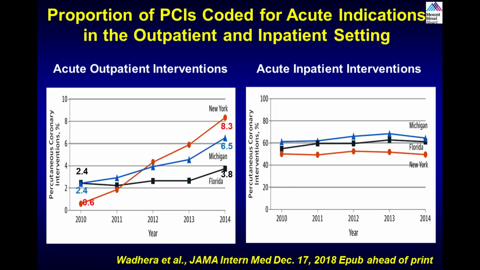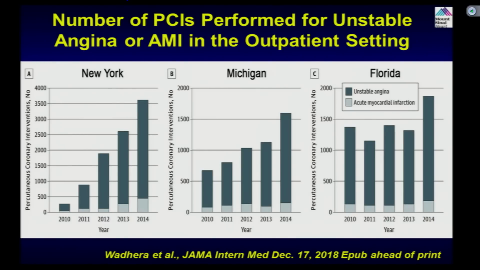Now, if you take acute diagnosis for the inpatient setting, it is kind of flat, particularly in New York. No change. There was a slight increase in the inpatient acute diagnosis for PCI, but definitely not what you see in the outpatient setting.